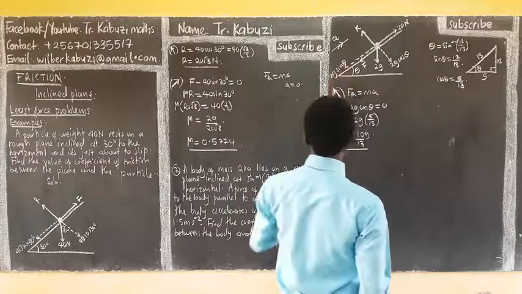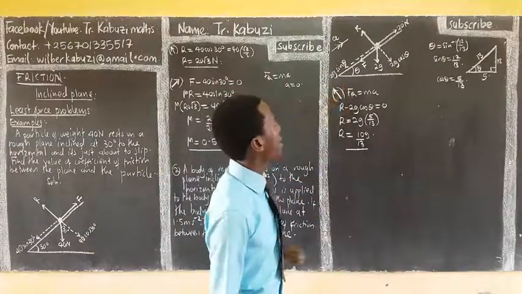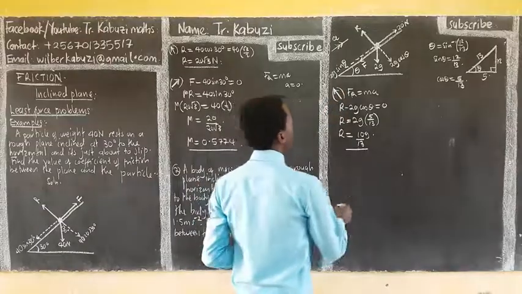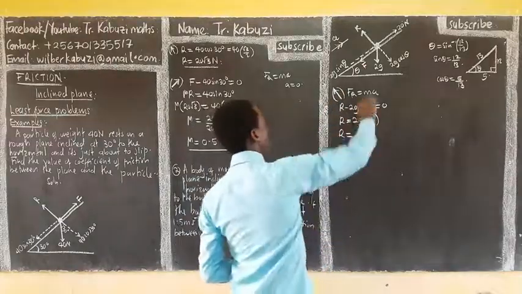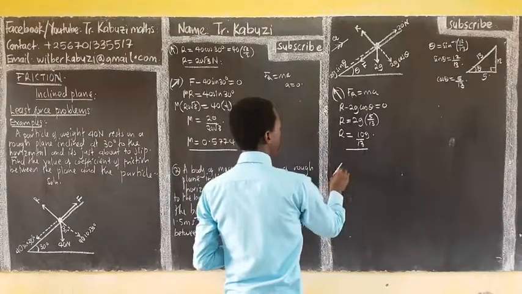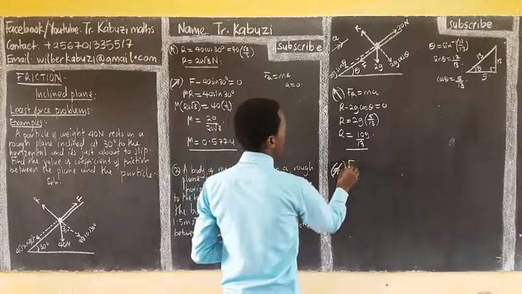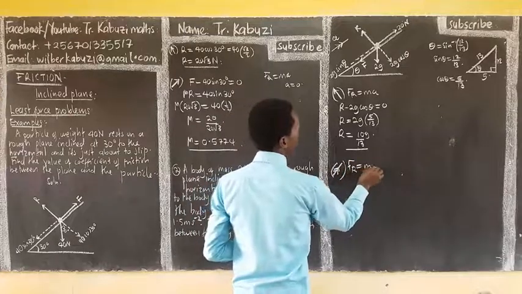So, after having this, we're going to use this in the second step there. Now we resolve in the direction of the acceleration, because the particle is accelerating in that direction. Our resultant force is going to be equal to the mass times the acceleration.